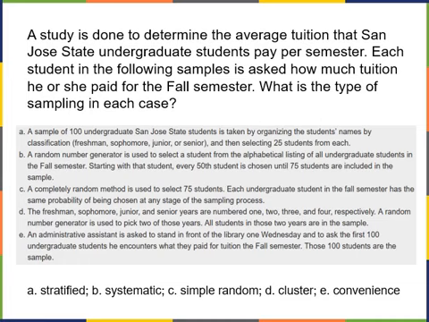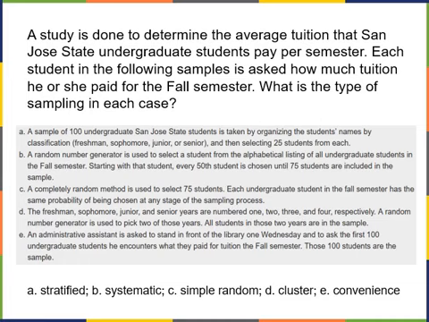Okay, that's systematic. That's what that one is. And then the third one is where we literally just randomly select 75 students out of the population. Okay, it's just a random sampling, simple random.